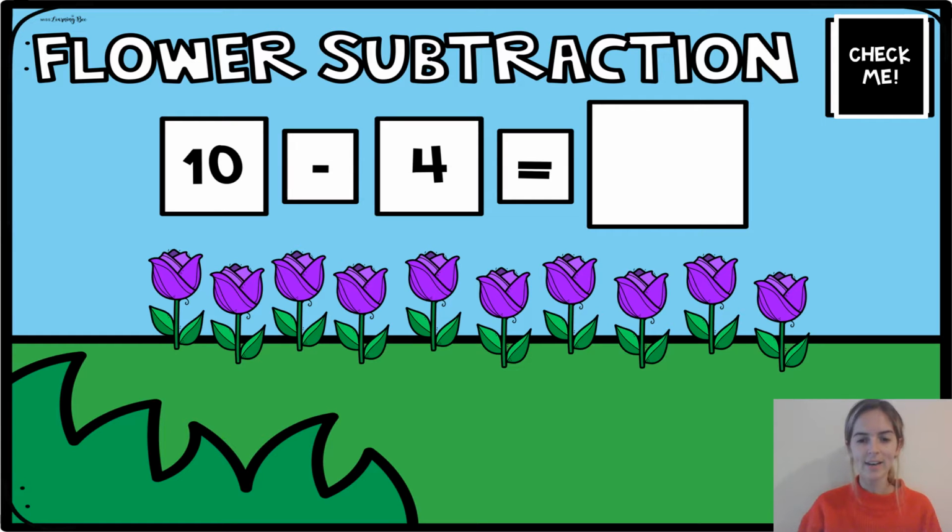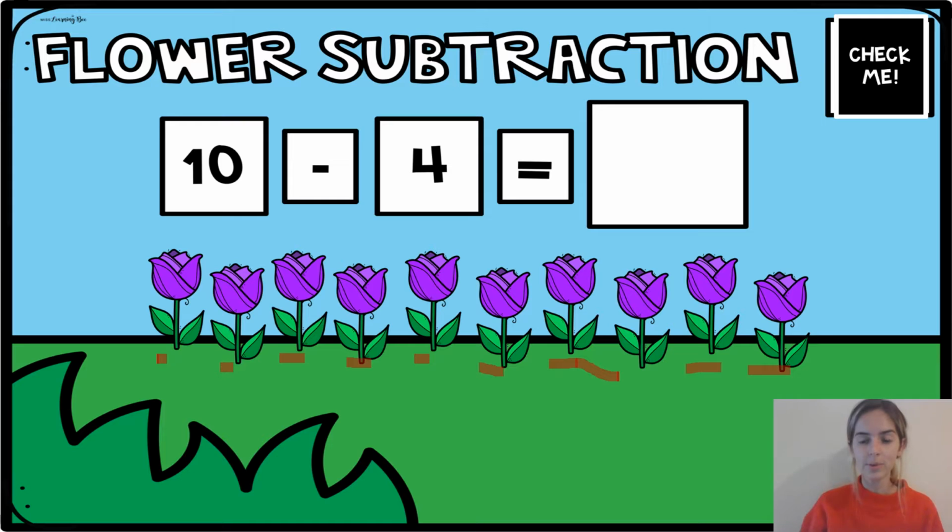Okay, so let's have a look. We are starting with 10. Now I'm just going to double check that there are 10 there. And we've got 1, 2, 3, 4, 5, 6, 7, 8, 9, and 10. And we need to take 4 away. So the way I'm going to work that out is I'm going to cross off 4 because that's what we're taking away from our 10.